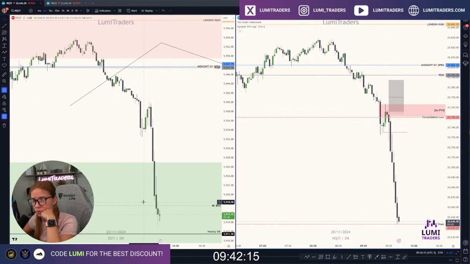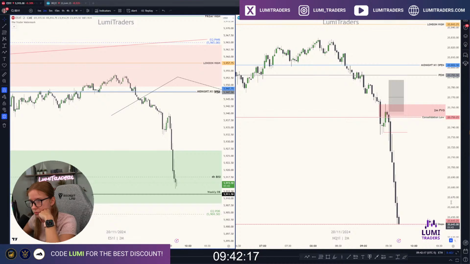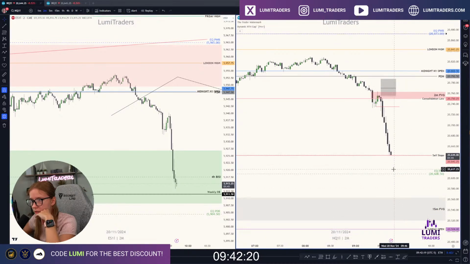Tested 50% of this 4-hour fair value gap. Still we have equilibrium of previous range slightly lower. Also trying to keep my eyes on 1-minute chart.